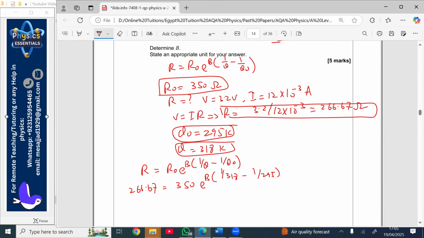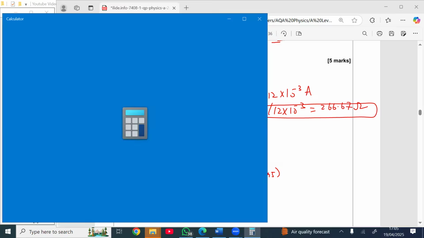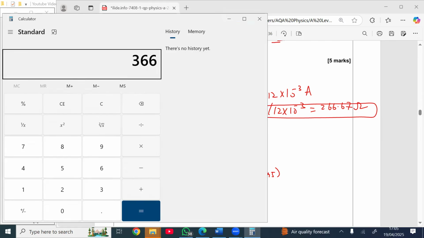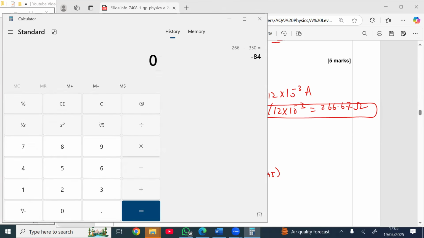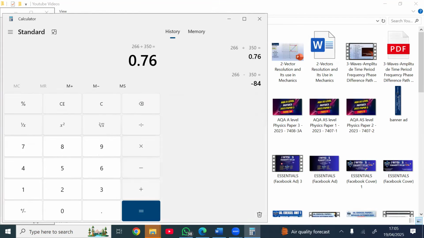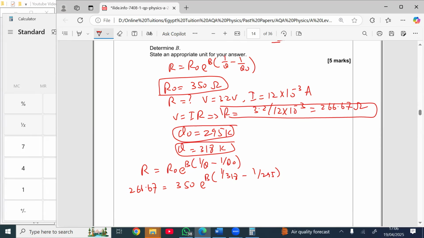I don't have the calculator here, so 266 divided by 350 is 0.76. So 0.76 is equal to e to the power B times the bracket.